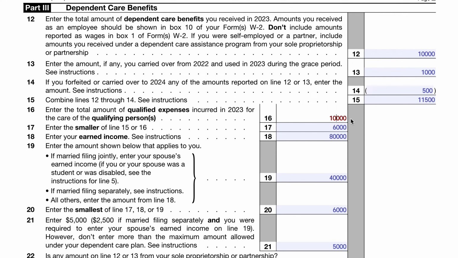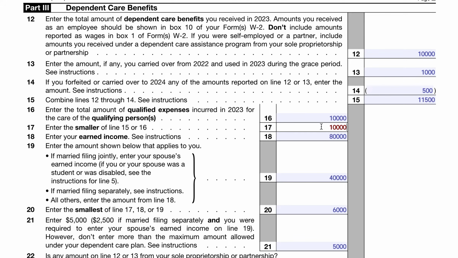But we're going to enter the smaller of line 15 or 16. So in this case, we're going to enter $10,000.